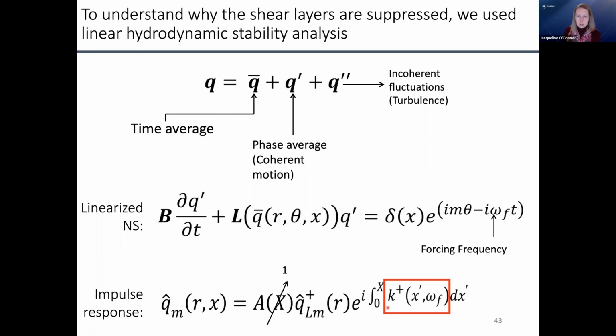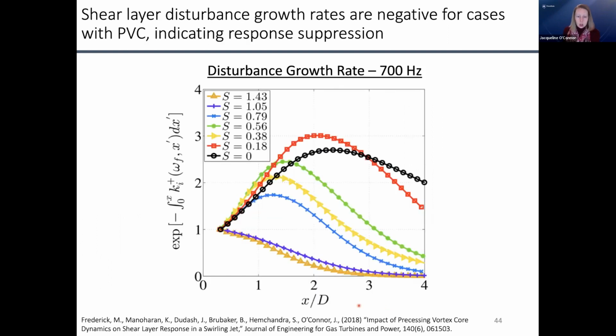If it's below 1, then it's decaying. So we gave him our data. He was able to apply this framework to the data and at the frequencies at which we were forcing the experiment, was able to see if the shear layer instability was growing or decaying. So like I said, here's that growth or decay term on the y-axis.